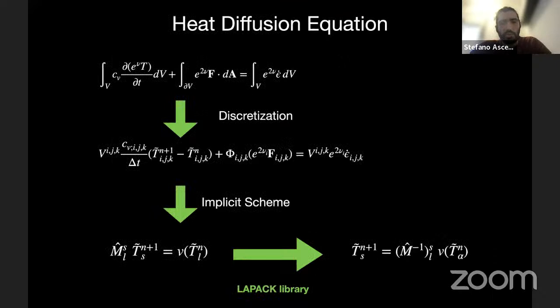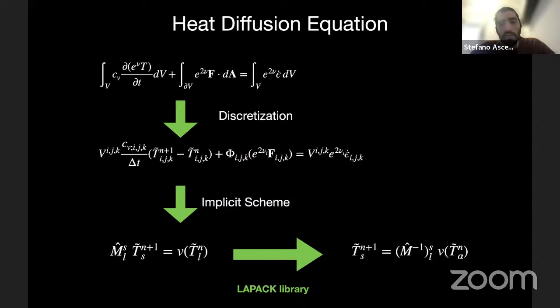Okay, I want to go more in depth inside the code to solve this equation numerically. We discretize it, and now we need to choose a scheme to solve it, and we choose an implicit scheme. The idea is that the fluxes and the sources, which are functions of temperature, are not calculated at the current time step, but with the temperature at the next time step.